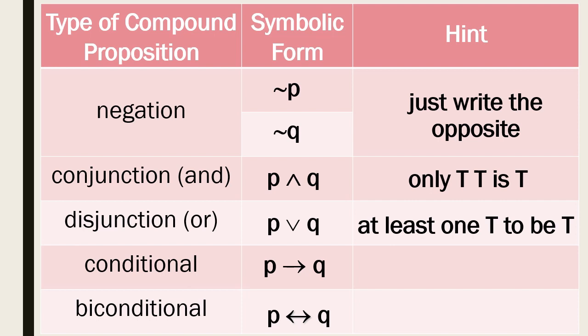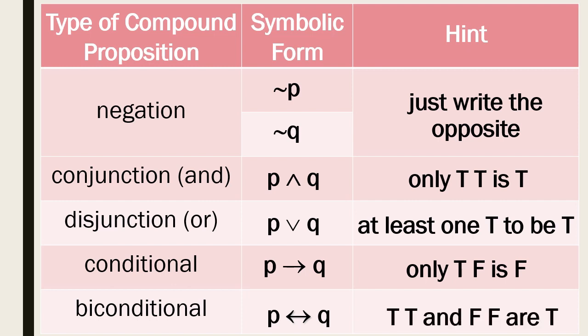If there's one T, then it's already true for disjunction. For conditional, only TF is false. Then the rest is true. For biconditional, both true and both false are true. If they are the same, then it's true for biconditional. So this will be your hint to remember the result for the compound proposition in each of these logical connectors.